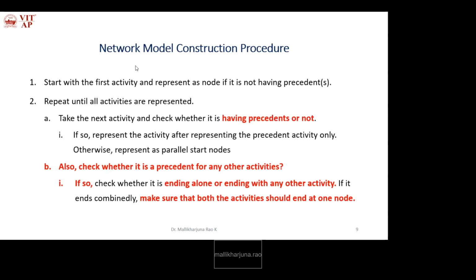Take the next activity and check whether it has precedence or not. If it has a precedent, represent the activity only after representing the precedent activity. Otherwise, represent it as a parallel start node with the first activity.